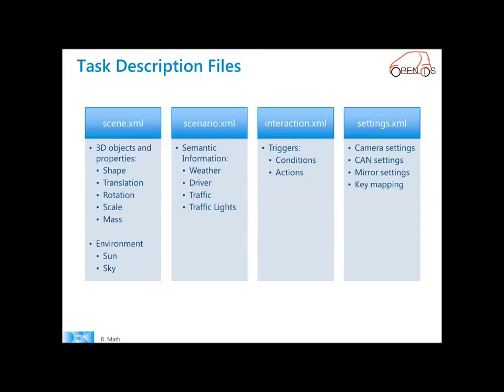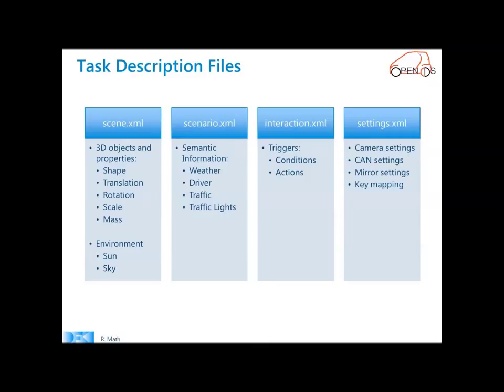The next file is scenario. This is where all the semantic information can be found. We can set up the weather, the driving car. This is what actually makes a model to be a car. So in the scene XML file, we would describe how an object looks. This would be our driving car as a box with 4 wheels.